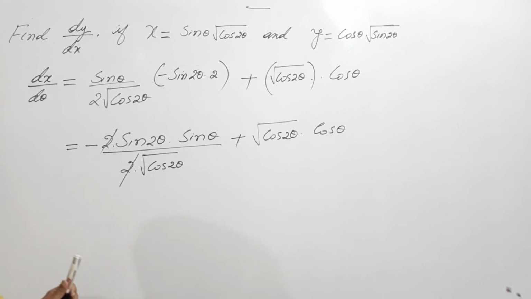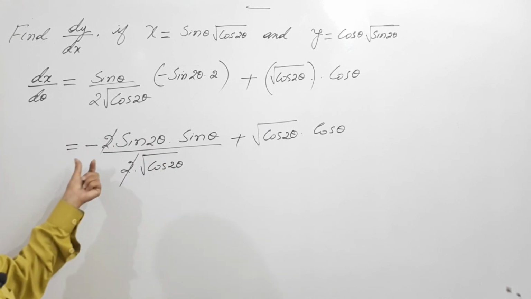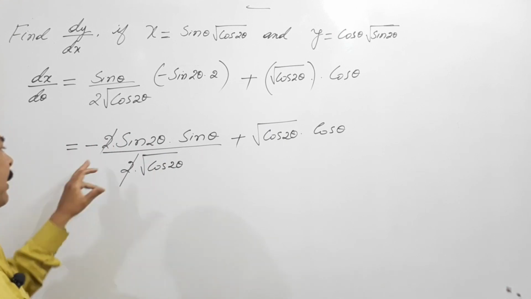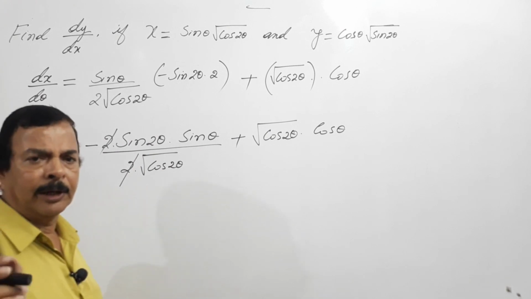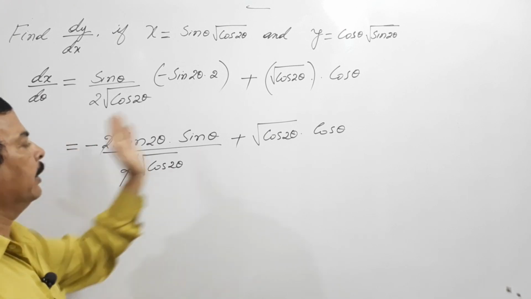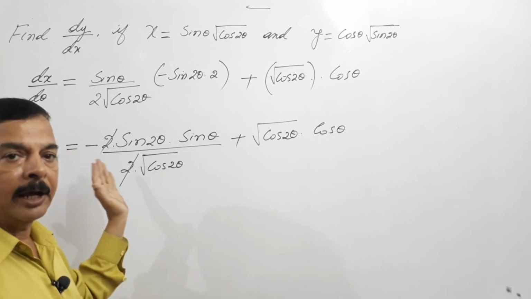What I do here, I don't want this, somewhat I have an allergy to minus values because I don't want to see negative things. So I will try to bring it on the right hand side, I will rearrange it.